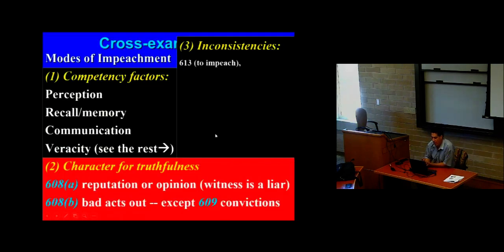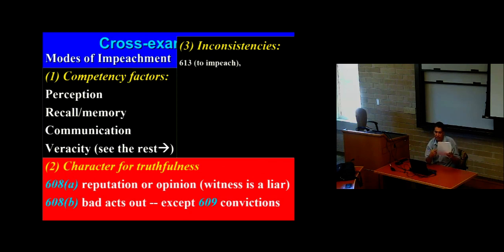So Rule 613 allows you to impeach someone with a prior inconsistent statement. So if I say in a letter that I attended the February 19th meeting, and then in court today I try to say I never attended the February 19th meeting, the other side cross-examining me could use the piece of paper where in the letter I said I attended the meeting, and they could use that to impeach me, to say, hey, in this letter you said you attended the meeting, and today you said you did not attend the meeting.